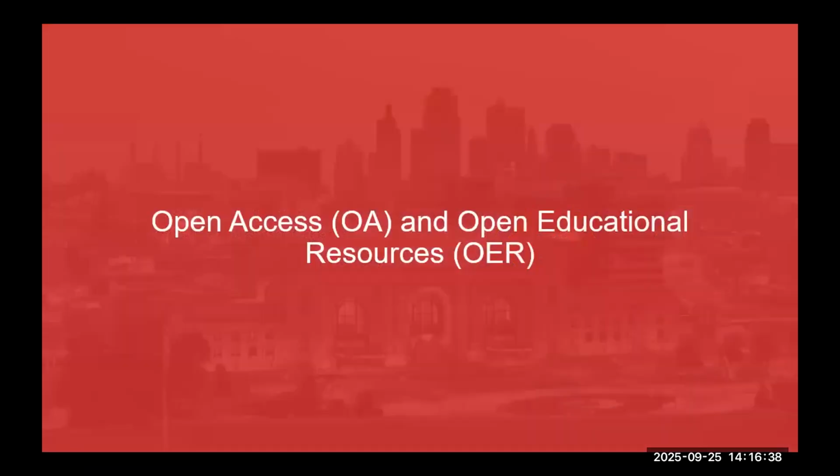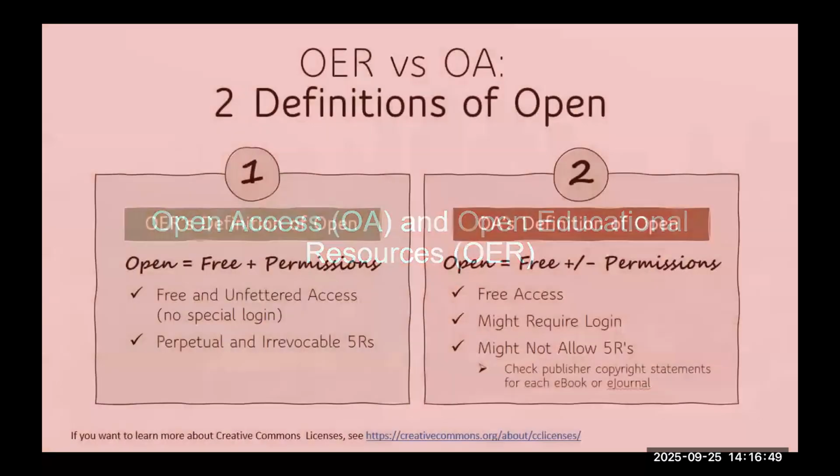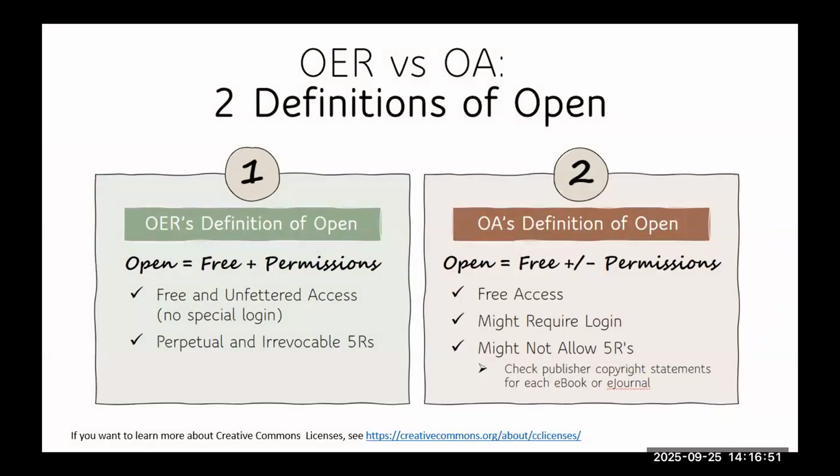Before we get started, it's probably helpful to define what open access means and what open educational resources mean. Hopefully this isn't a super review for everyone, but it may be. Both open educational resources and open access are generally free materials. They're different, though, in that open educational resources are very specific in the access and permissions they have.